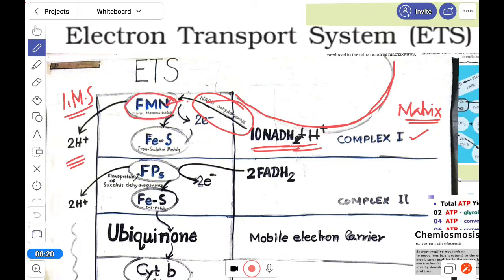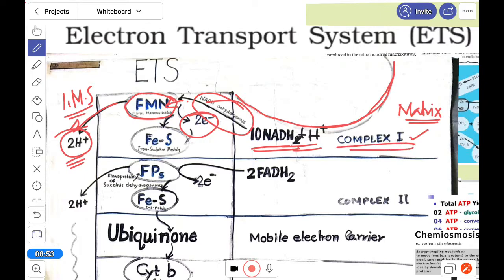Here you can see the acceptors of electrons. So it will split into the proton and the electron, and all the protons are ejected into the intermembrane space, from the NADH molecule. And this is complex 1.